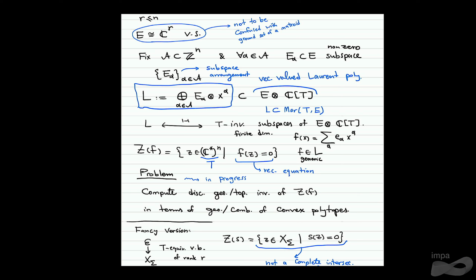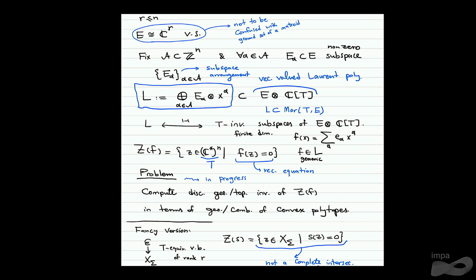This generalizes the previous question of having r many separate equations, where each equation had a fixed Newton polytope and the coefficients varied independently.